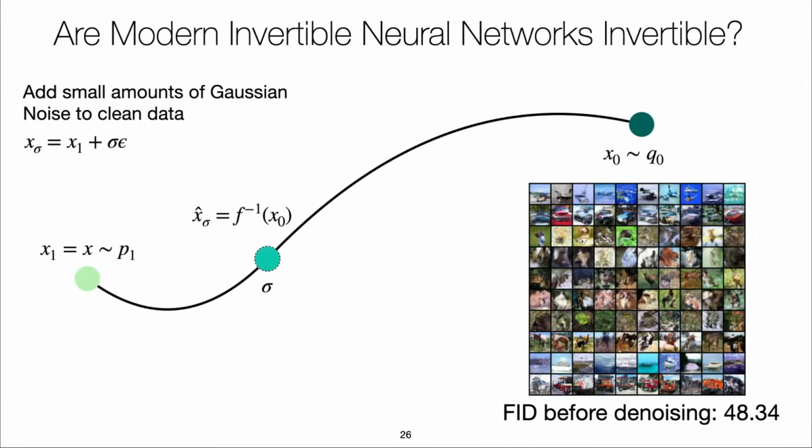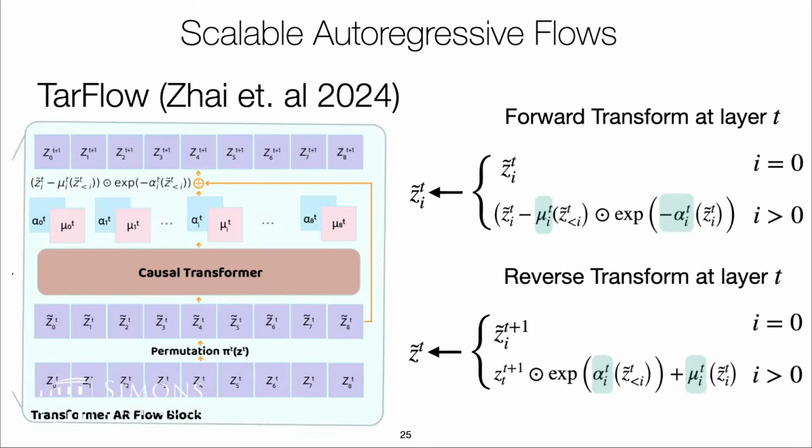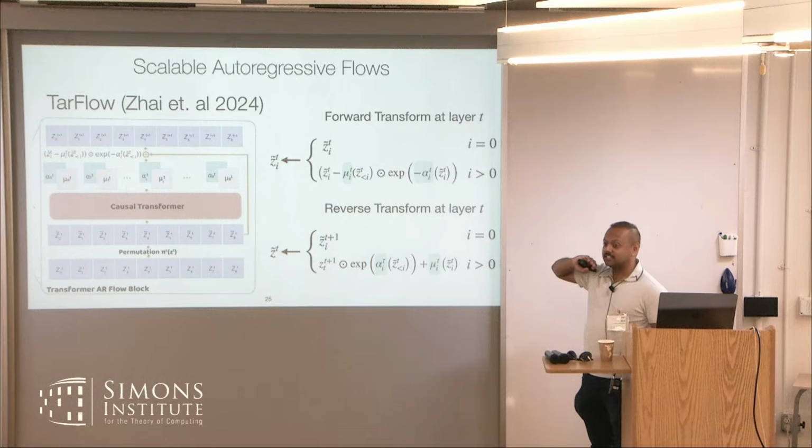So yeah. I'm sorry, if it's invertible, you're restricting the function class. How do you... I missed that? No, it's still invertible, but the reason this is much more scalable is, imagine this is an autoregressive model, but I'm only parameterizing the mean and the alpha, this is the scale and shift. So it's still an invertible class, but the main benefit of this paper, which was from Apple a couple of years ago, was that you can pack in a huge causal transformer now, just as you would do for an LLM, but it's still invertible.